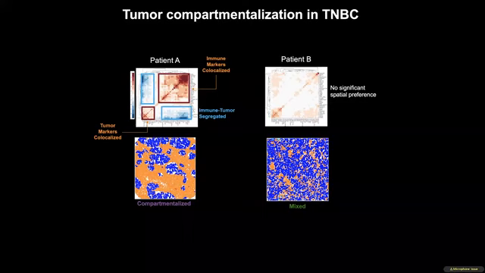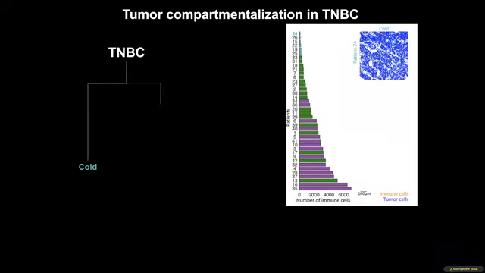And so what this led us to see, at least in this TNBC cohort, was that TNBC seemed to be broken down into two major classes, which have been well appreciated for a very long time before we ever did any of this. The first is cold, which is more or less devoid of immune cells with the exception of a small number of tissue macrophages. The other is ones that are tumor infiltrated.